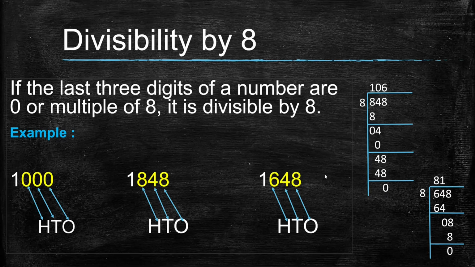And the next one, 1648. When we divide these numbers, the remainder is 0. So 1648 is divisible by 8. I hope you understand the divisibility by 8. Now let's move on to the questions.